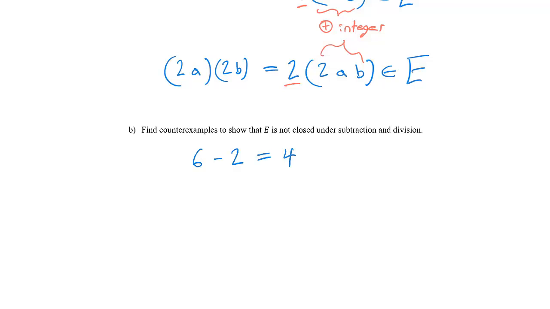Now, 4 is an element of capital E, but this does not mean that our set is closed. This is just one example. We can keep searching for other examples, and if we do 2 minus 6, for example, what we get is negative 4. Negative 4 is not an element of capital E. So what we found is a counterexample that brings us outside of the set.